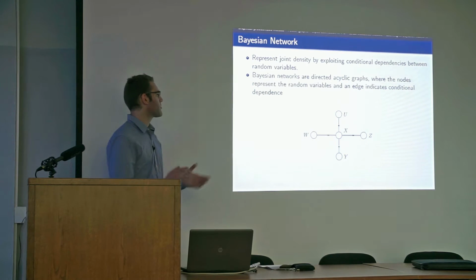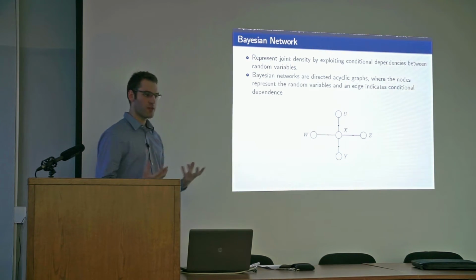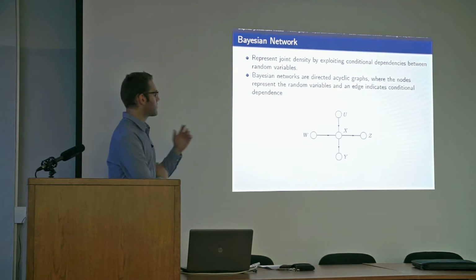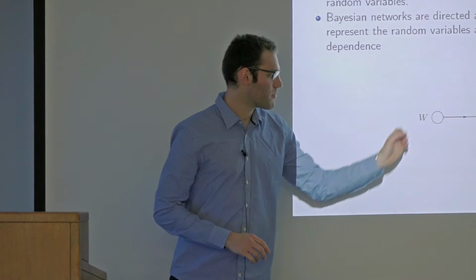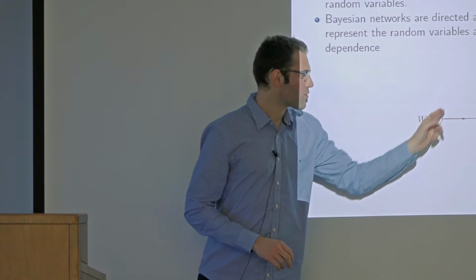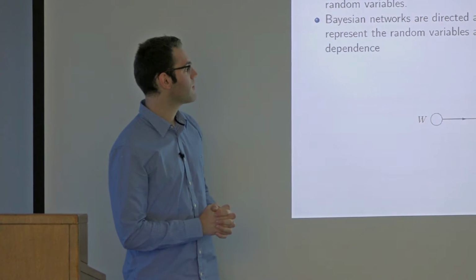So let's start first of all with Bayesian networks. As I said, a Bayesian network is representing the joint density. And we can see here an example of a Bayesian network where we see that this is an acyclic graph. There are no loops, and we have the arrows indicating conditional dependencies.